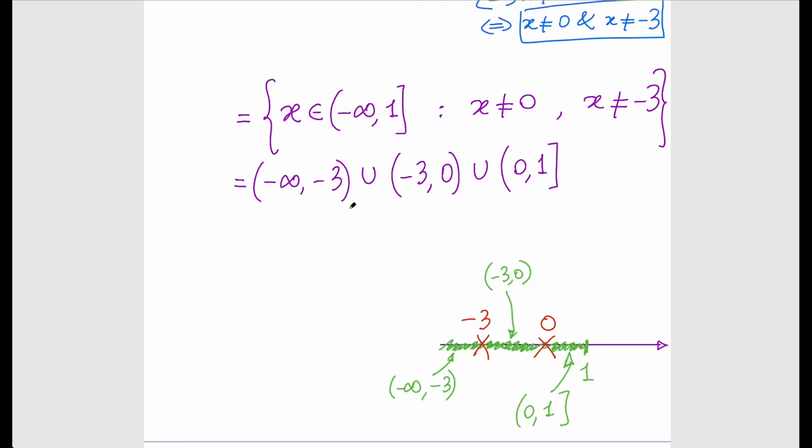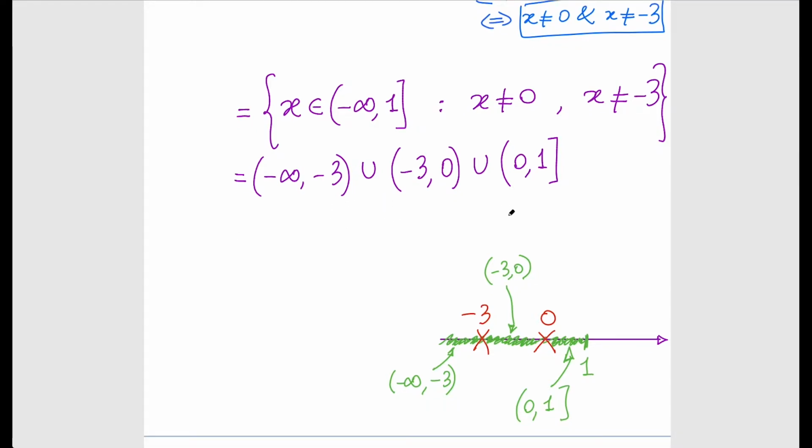Okay? So alternatively, you can write it using set theoretic difference, if you remember that notation from this class. You can write it as all those guys from minus infinity to 1, throwing away the set containing these bad points, minus 3 comma 0. So you can represent it using set theoretic minus, or just interval notation, or any other way you want, as long as it's correct.